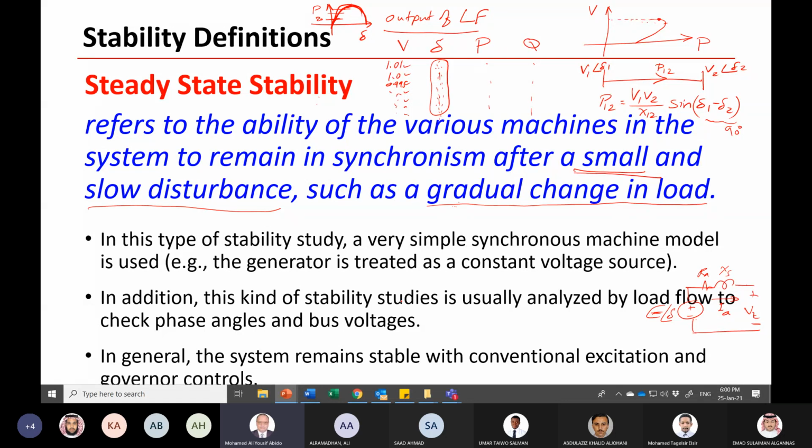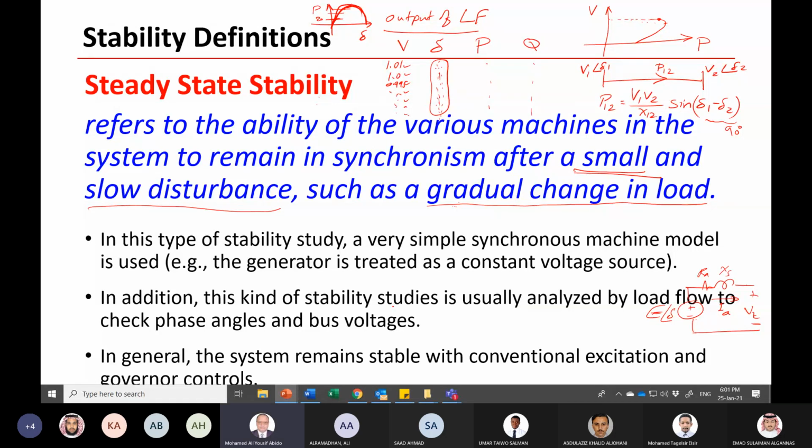The current depends on the angles. So if the angle of the generator is negative and the angle of that bus or the system is positive, that means a huge current will damage your generator. You have to isolate it. The protection must isolate this machine which is out of synchronism.